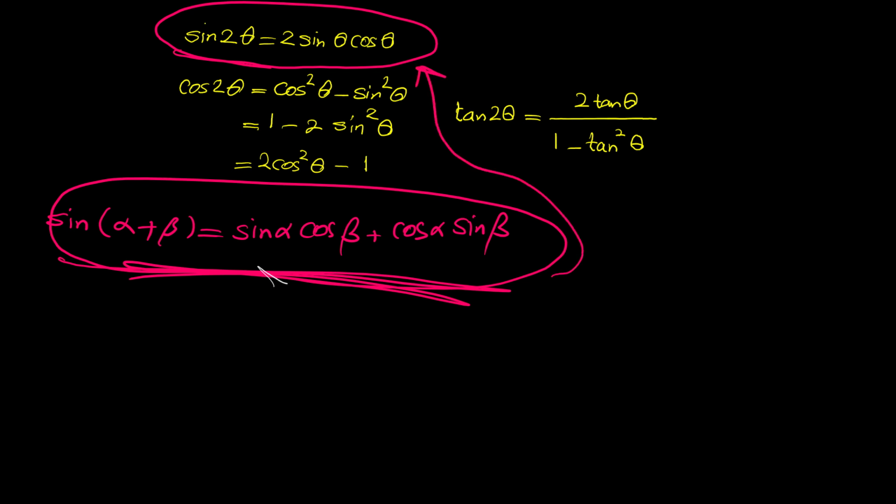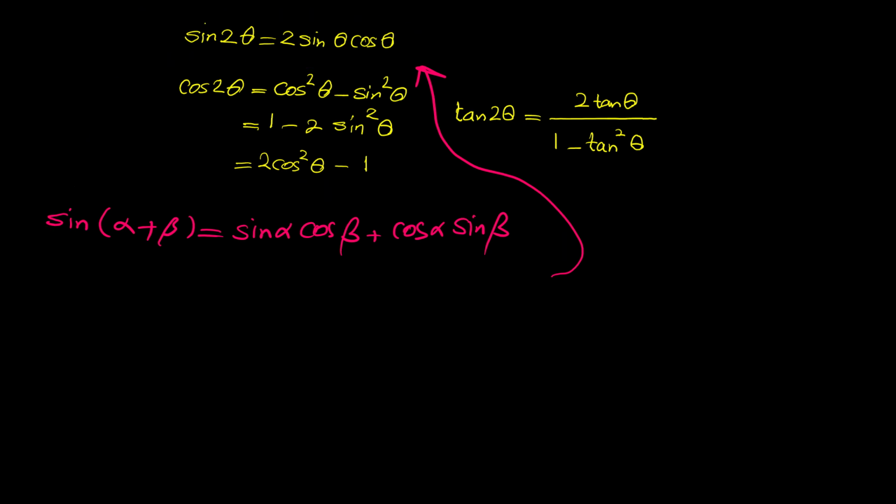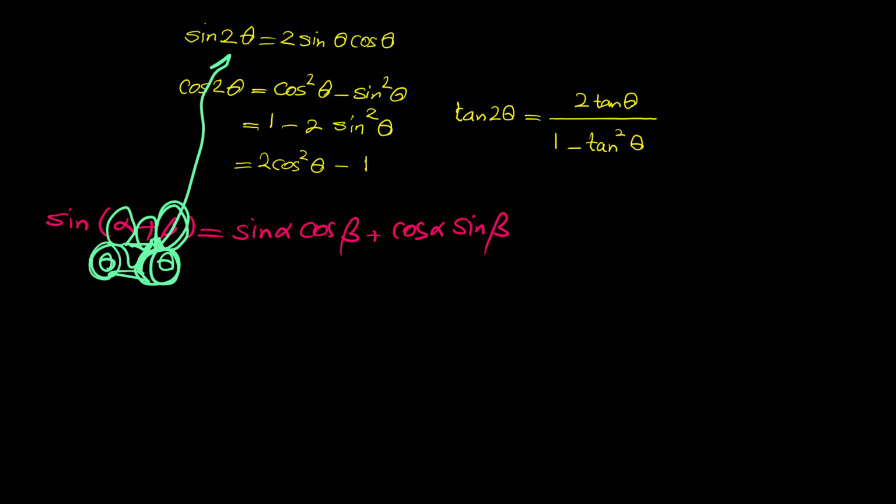But how can we derive this formula from this formula? Simply, if we suppose alpha and beta, both of them, as theta, then theta plus theta would be exactly 2 theta, and we can derive that formula.